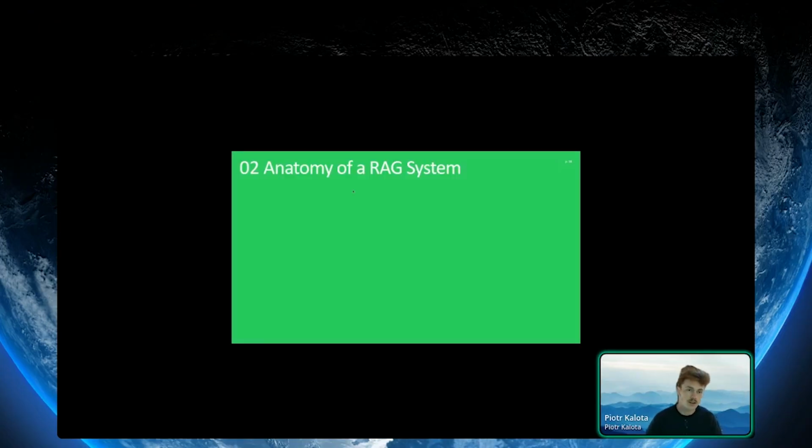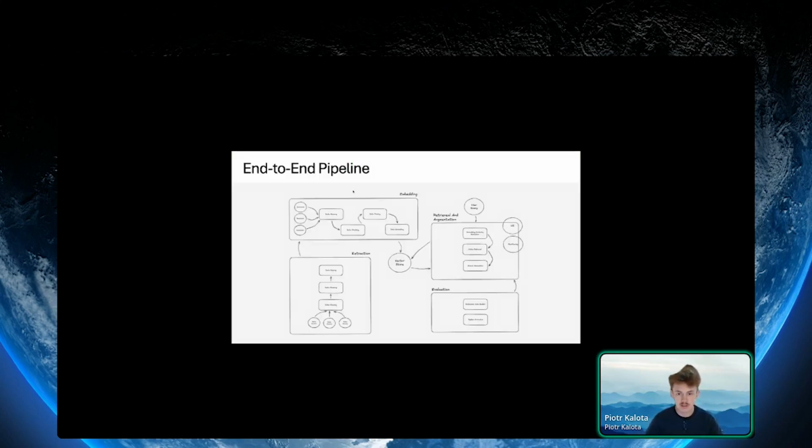Yes, and now we'll speak a little about the anatomy of RAG systems. This is a schema we've seen from the previous slides, where we can distinguish four main components. First, the extraction part, where we take care of our data sources, parse them, clean them, etc. Later on, they are passed to the embedding part, where we again might need to process it in order to feed it to an embedding model that we have to choose according to the use case we are handling.